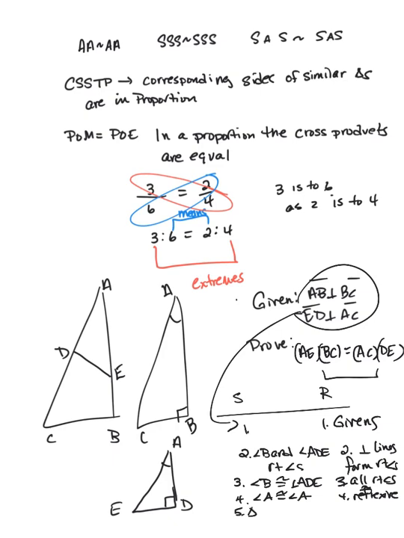So no matter what, just like, remember when we did triangle proofs and we had to prove the triangles congruent before we could use CPCTC? So now, in order to use CSSTP, you're going to have to establish that the triangles are similar first.